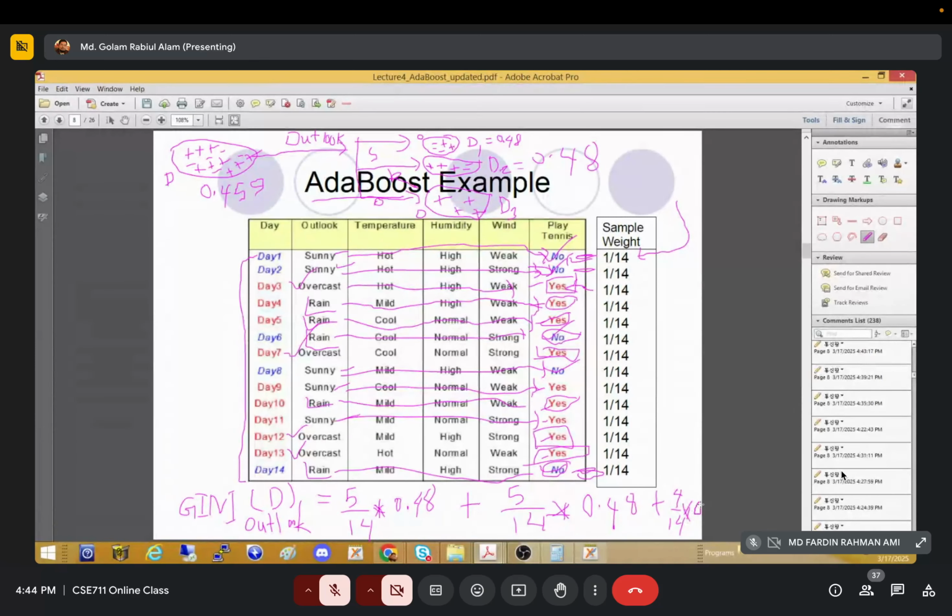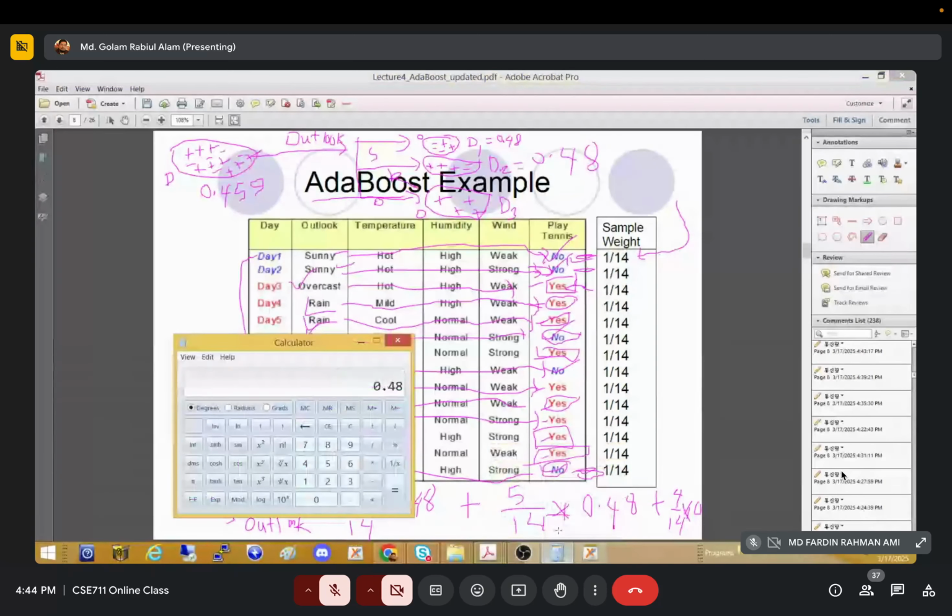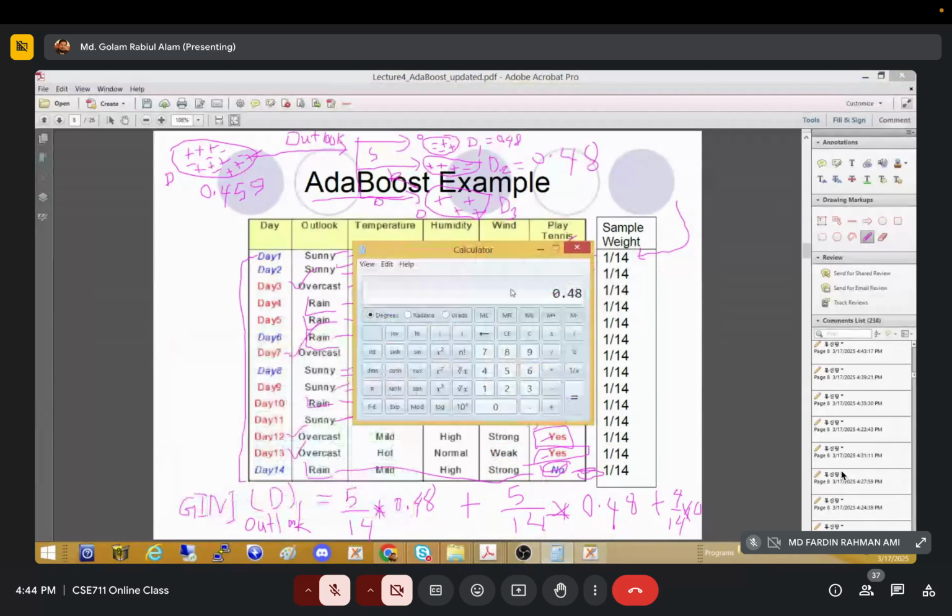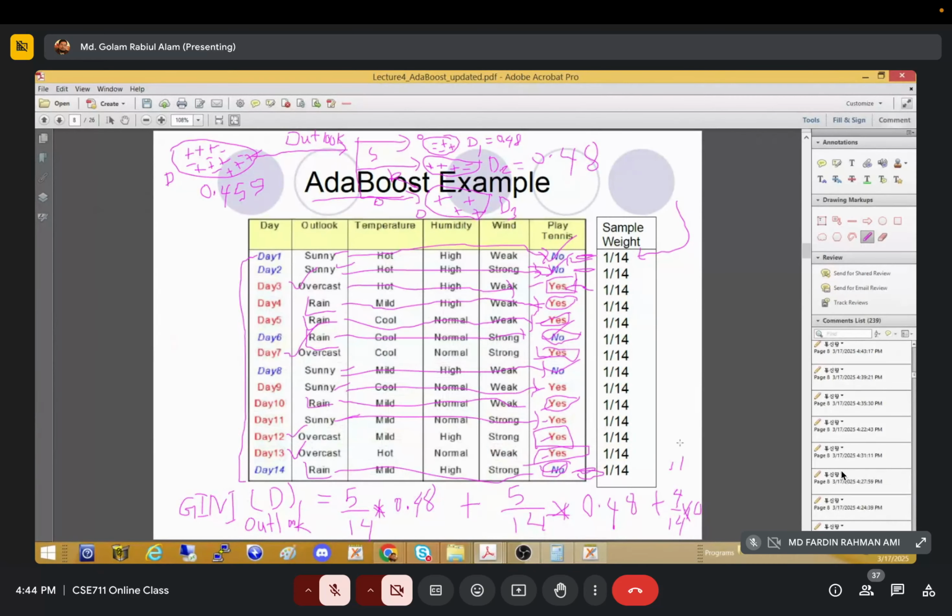If we do the math, then it will be 0.34. So the induced Gini by outlook is 0.34.